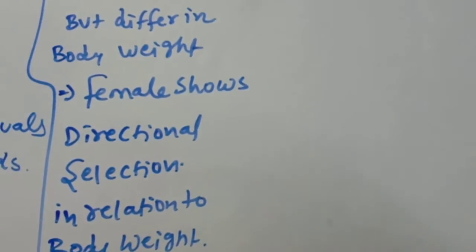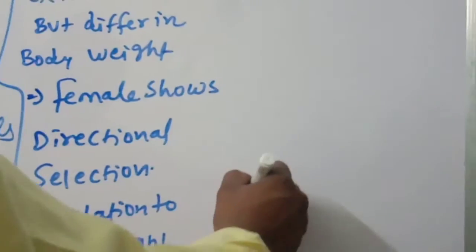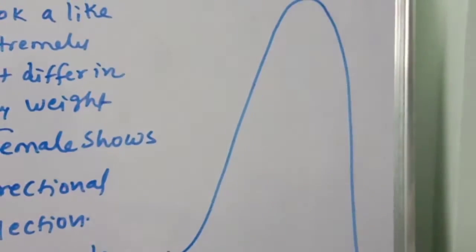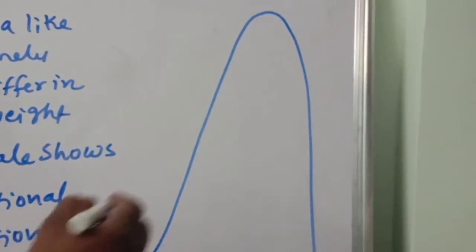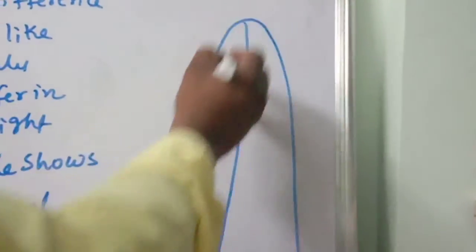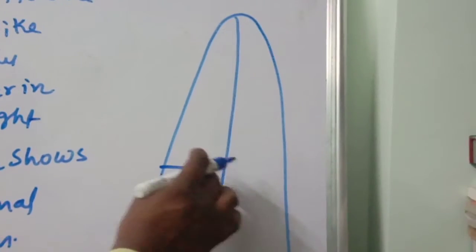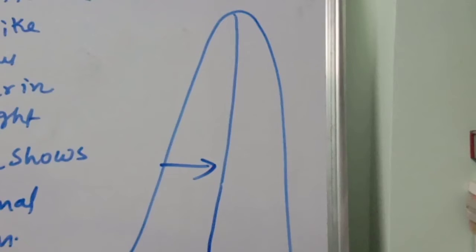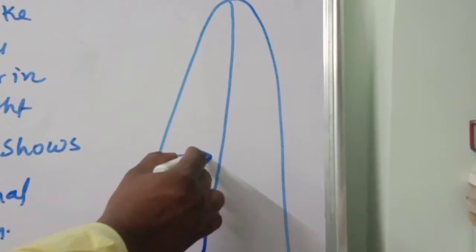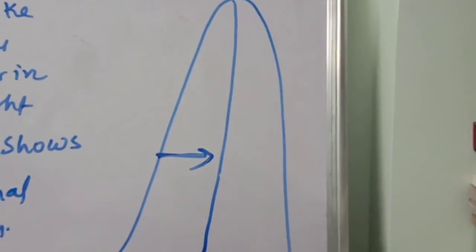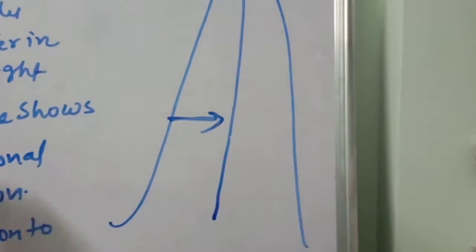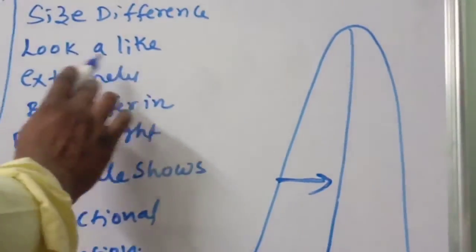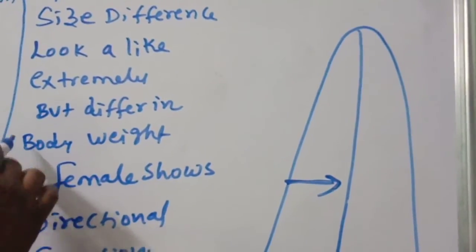This point you should remember. For example, I am showing the picture like this. So now see, this is a medium. But here females' body weight is selected and supported by natural selection. So females are growing perfectly, showing directional selection in relation to body weight. So male and female sparrows look alike extremely but have different body weights.